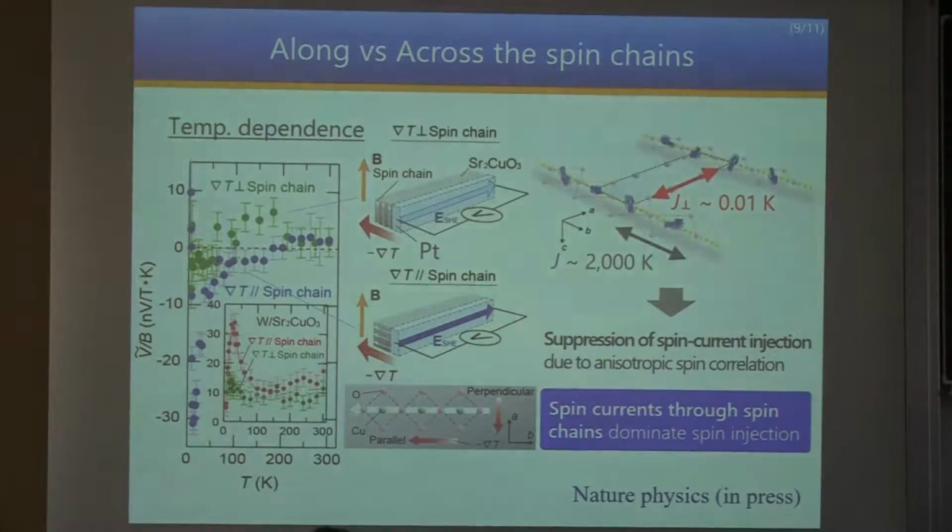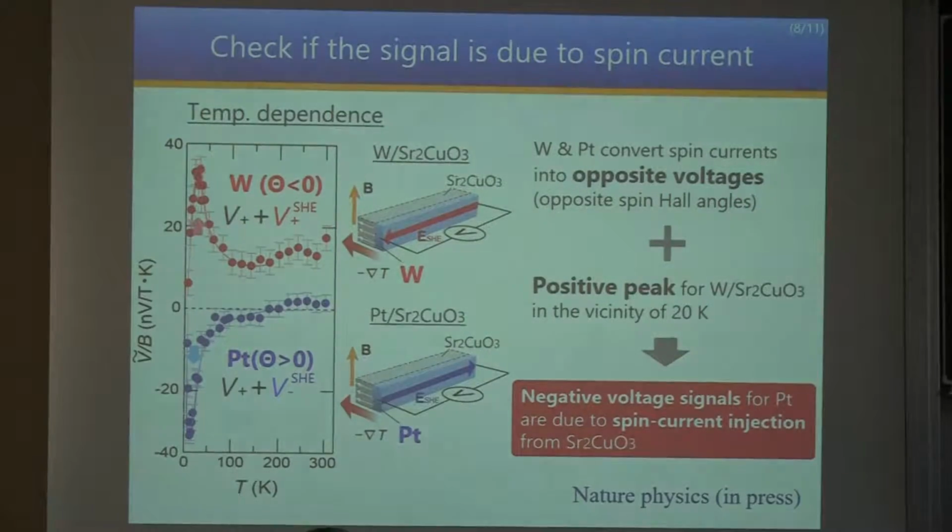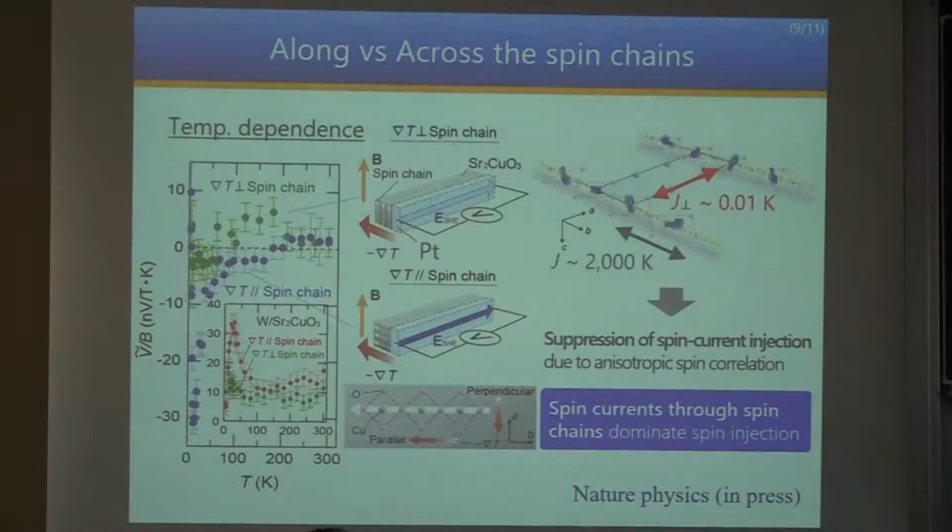So this data shows that this voltage is due to the spin current induced along the spin chain. And it is caused by heat current, and the sign is negative. So it is consistent with the scenario of the spinon spin Seebeck effect.